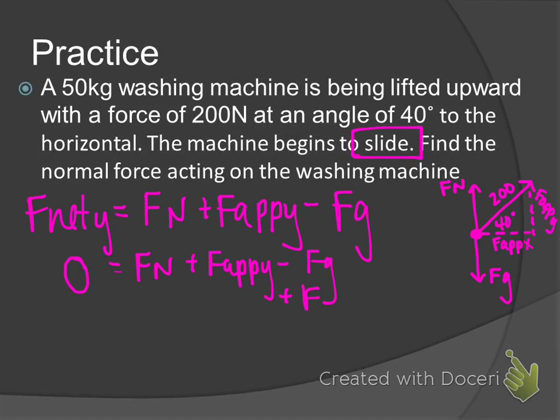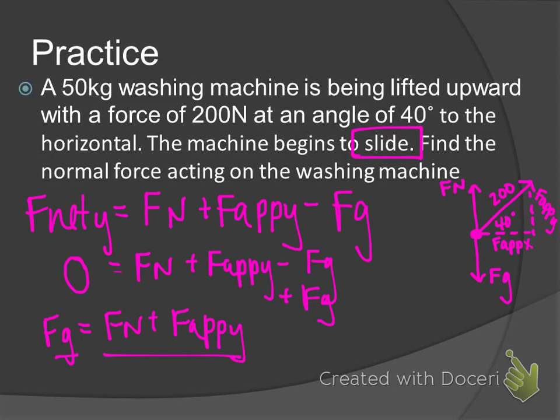If we move the gravitational force to the other side, that tells us that the gravitational force is equal to the normal force plus force applied Y. So these two forces combined equal the gravitational force. This is telling us that upward forces equal downward forces since there's no vertical acceleration.